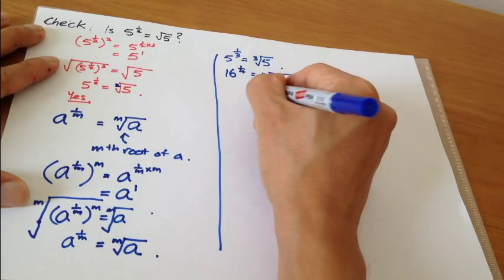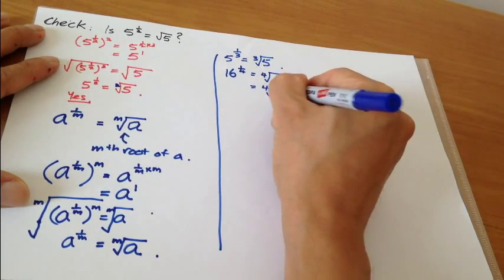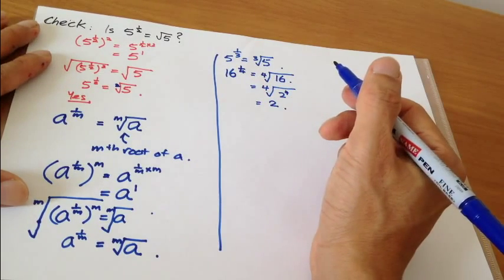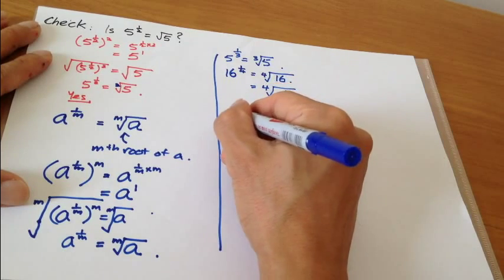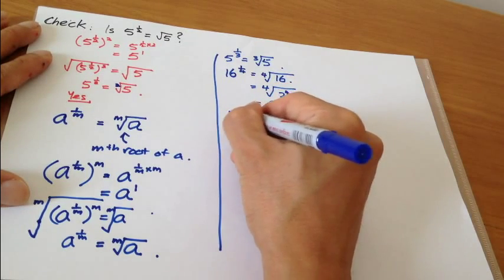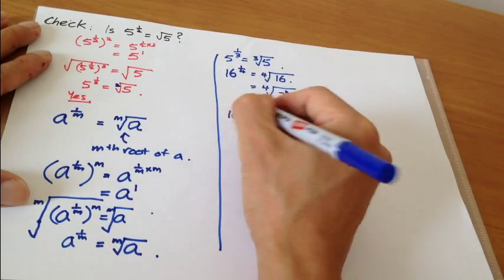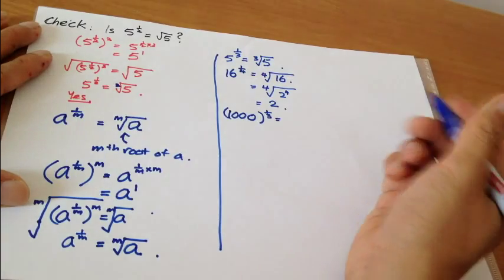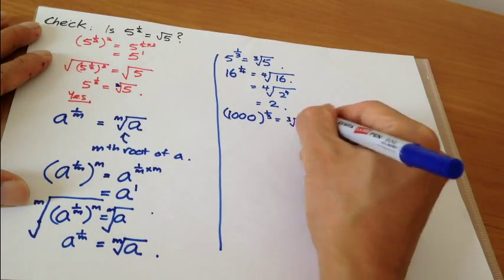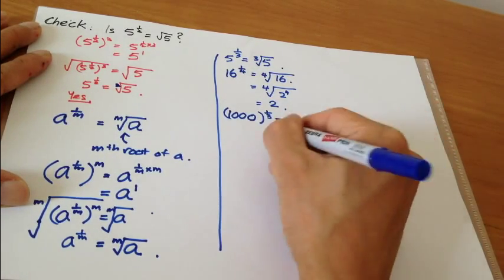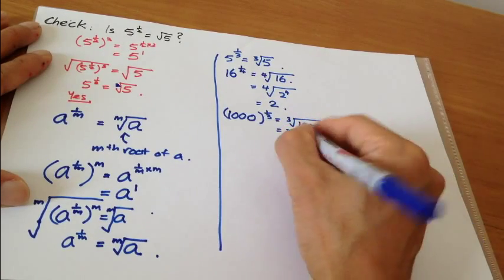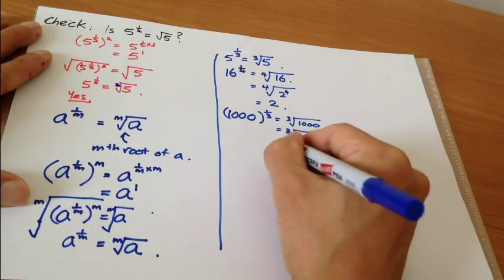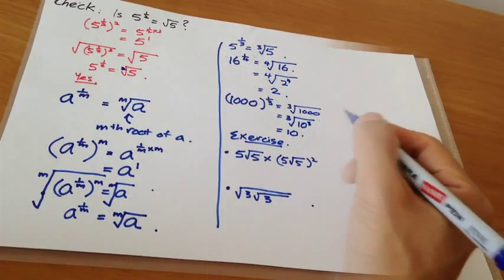In this case, the answer is 2. Similarly, 1000 raised to the power of 1/3 can be written as cube root of 1000. That is just the same thing as cube root of 10 raised to the power of 3. The answer is 10.